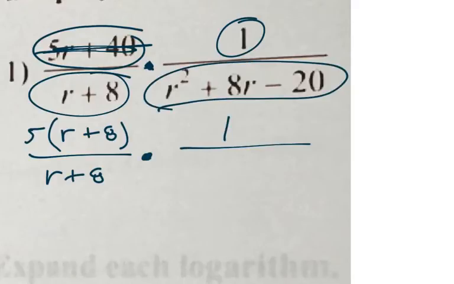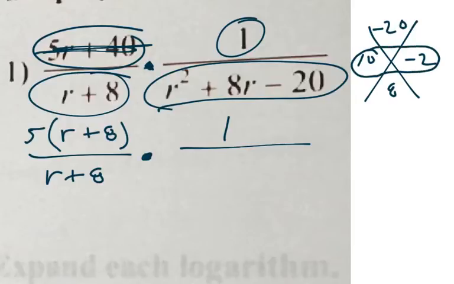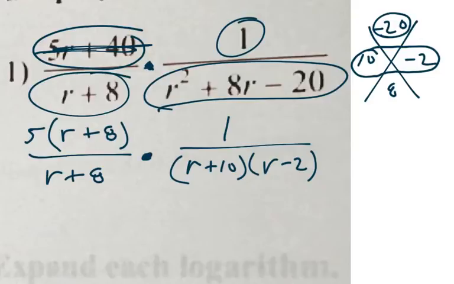This right here, I can factor using the X method that a lot of you guys like to do. So I need a negative 20 with an 8. That would be 10 minus 2, 8. 10 times negative 2 is negative 20. Excellent. So we have an R plus 10 and an R minus 2.